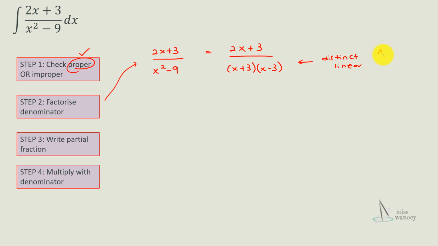So that means we're going to use a constant on top of each. So this is A over (x plus 3) plus B over (x minus 3), and this is the third step. The fourth step, multiply with the denominator. So we have (2x plus 3) over (x squared minus 9) on our left hand side.